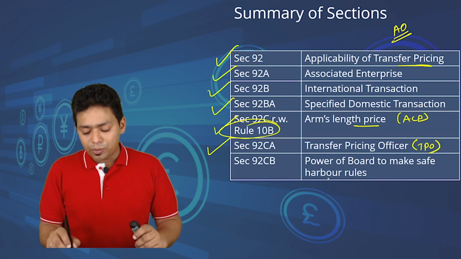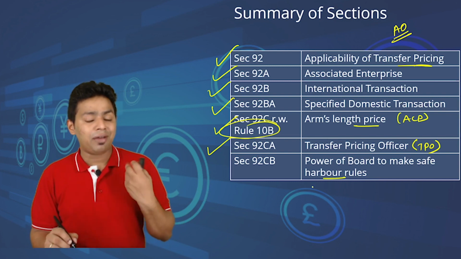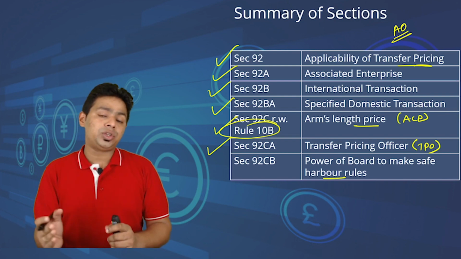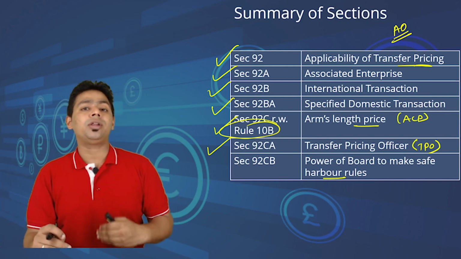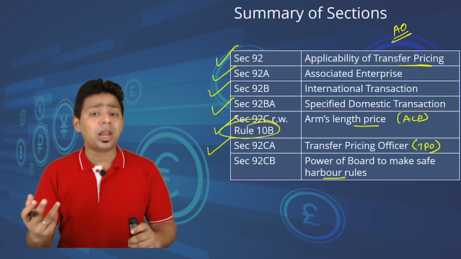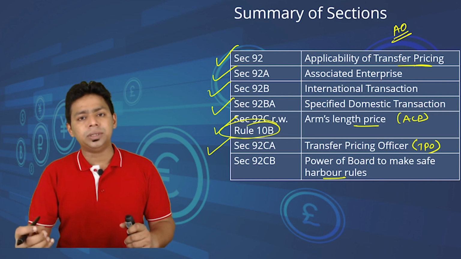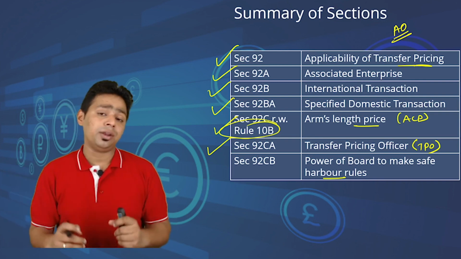Power of the board to make safe harbor rules. Safe harbor rules means kind of presumptive rules that we have in India, or you can say exemption methods through which people can enter into India and will not be questioned for their transactions. So it is a minimum margin. Say, for example, in the business of computer software, the margin is notified as 17%.